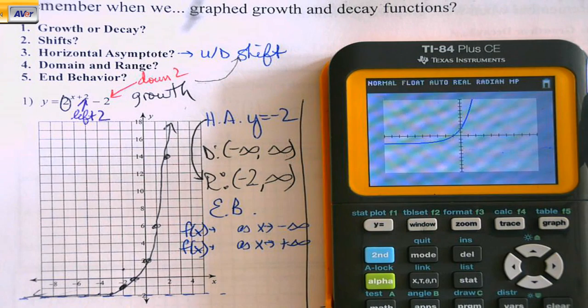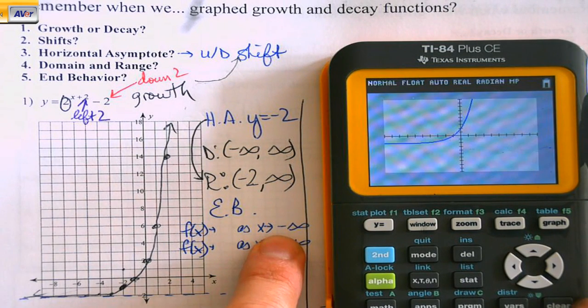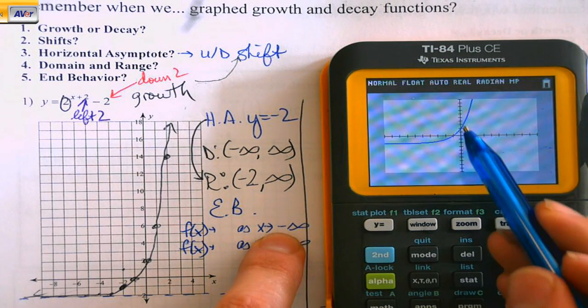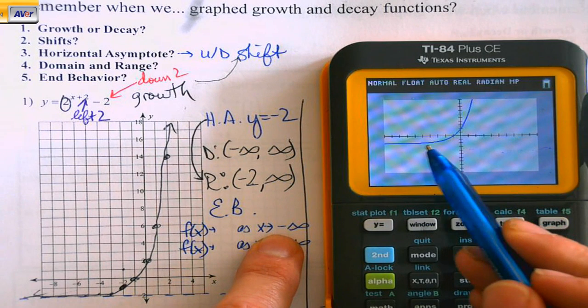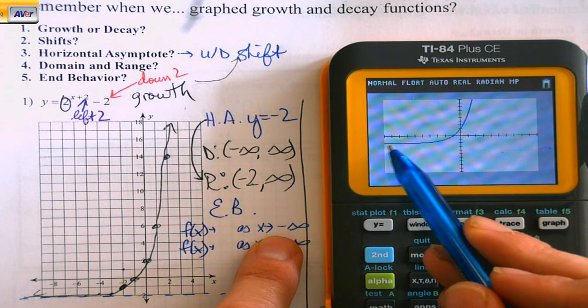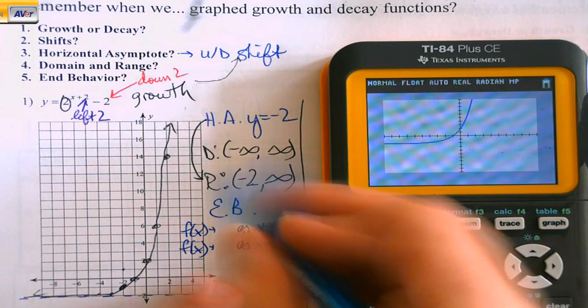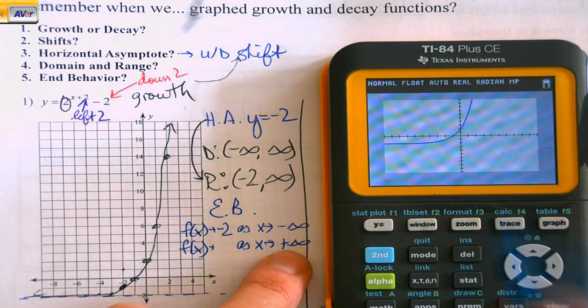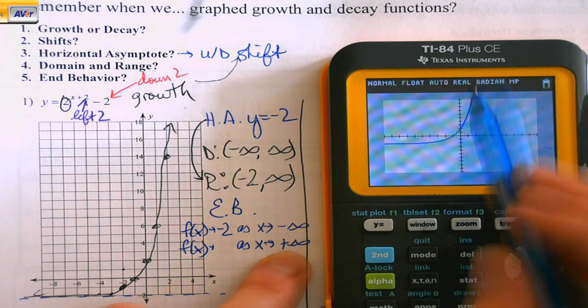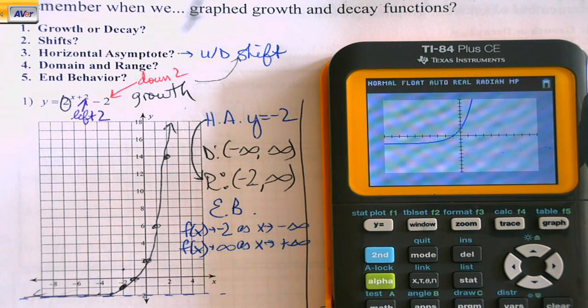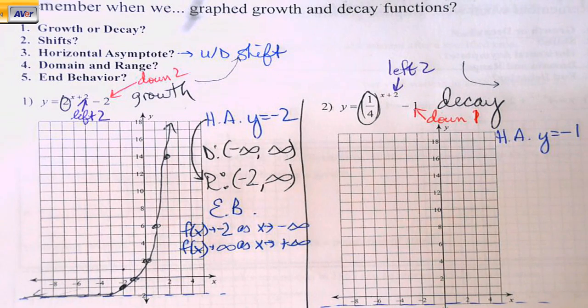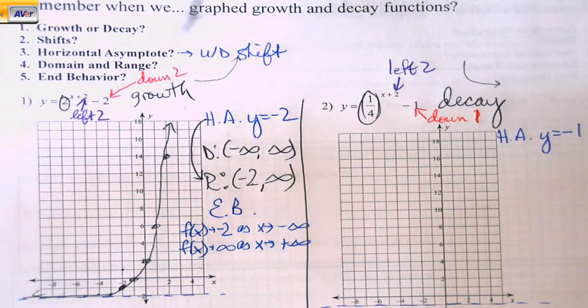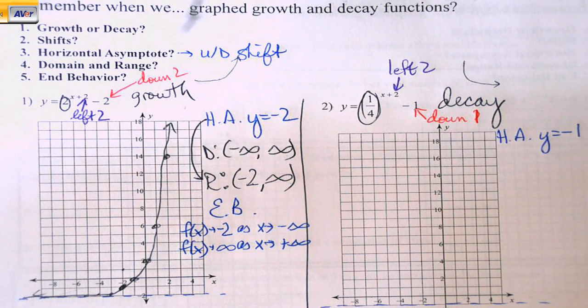So if I go back and I look at my picture, as x is going to negative infinity to the left, am I getting closer to y equals negative 2 or y equals infinity? Well, it doesn't look like it's going up forever to me right now. So negative 2. Whoa, come back. As I go to the right, up, up, up, up, up, to infinity. So do you see where all the pieces come into play? They keep making connection after connection with these. And it's going to be the same thing on my next one.